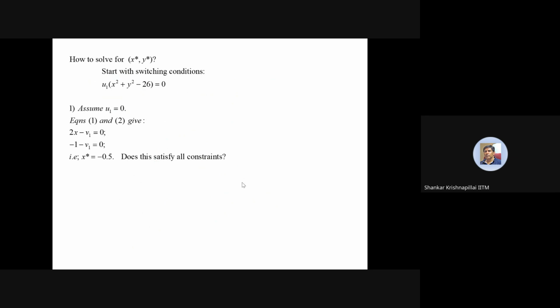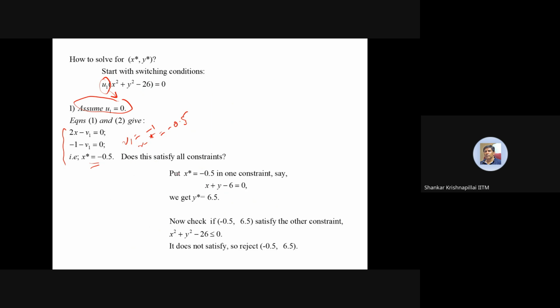Let us start with u1 equal to 0. If you put u1 equal to 0, you get these types of equations, and x star equal to minus 0.5.